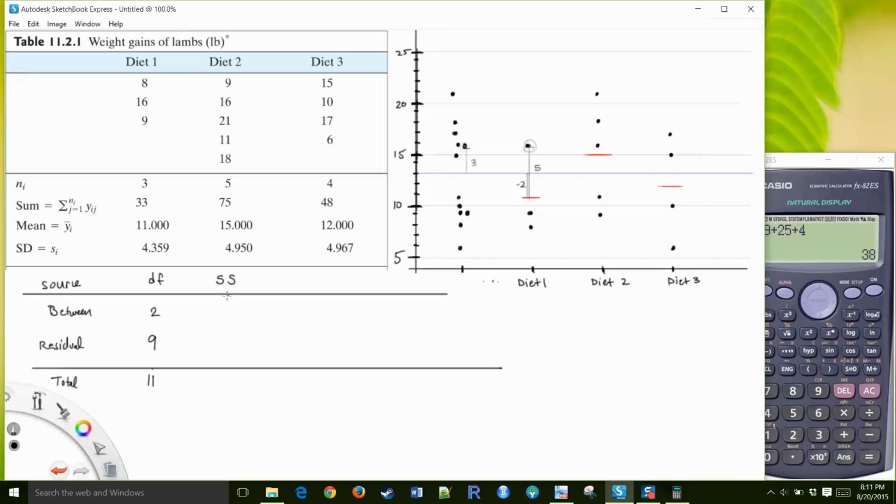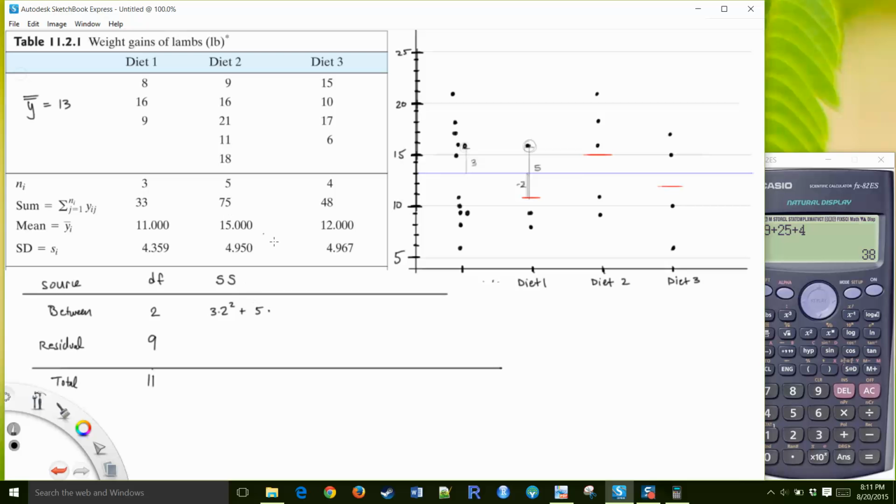Okay. And then my residual sum of squares, using the shortcut, I'm going to do 2 times 4.359 squared plus 4 times 4.950 squared plus 3 times 4.967 squared.